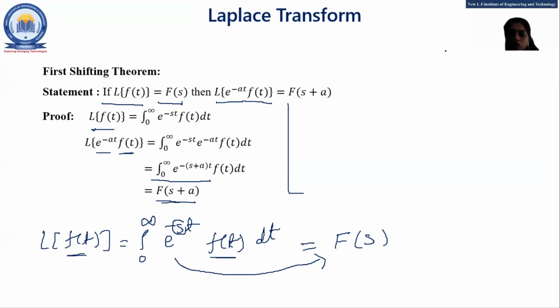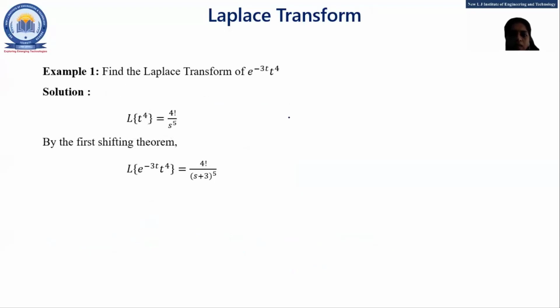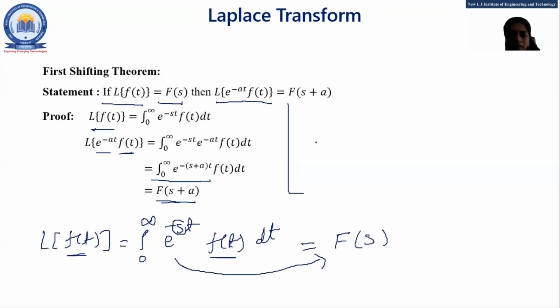Okay, so with the proof of this theorem, let's start some examples. See, suppose you are given Laplace of sine 2t, right? Then what is your answer? Your answer is 2 upon s square plus 4, right? But now listen carefully.